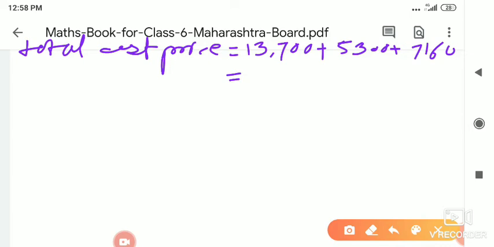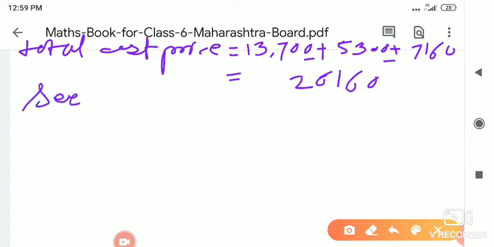The sum of all this: 0 plus 0 plus 0 is 0. Then 6, then 7 plus 3 is 10, 10 plus 1 is 11, 1 carry, then 7, 8, 8 plus 5 is 13, and 13 plus 3 is 16, so 1 carry, and here 26,160 is the total CP.